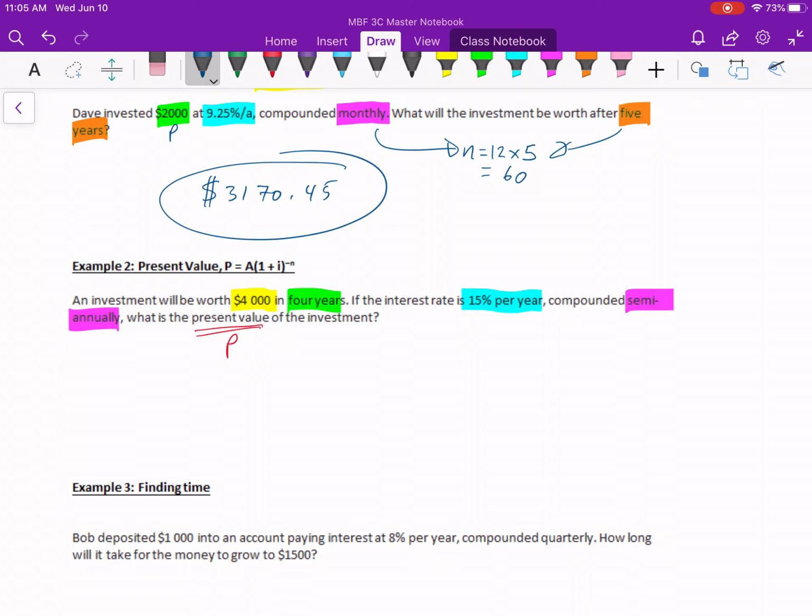We will need to know N, the number of periods, so might as well calculate that now while I'm on this screen. That would be the 4 years times semi-annually, which is twice a year. So periods is going to be 8. All right, so we can fill all these things in to see what we come up with.